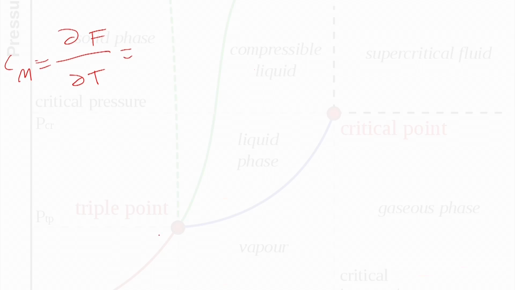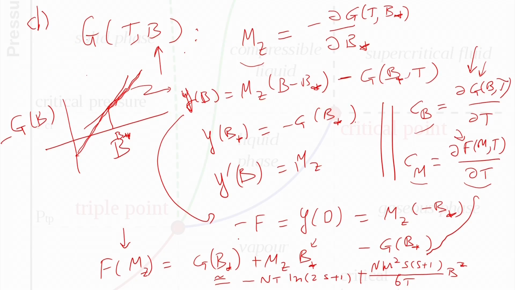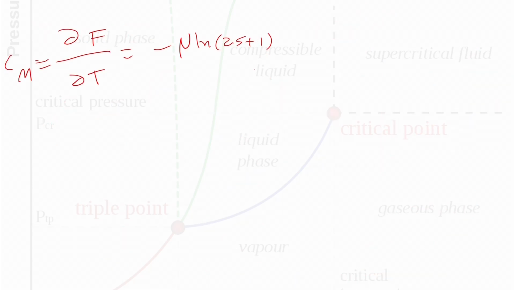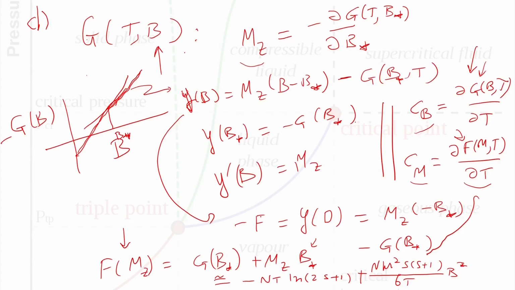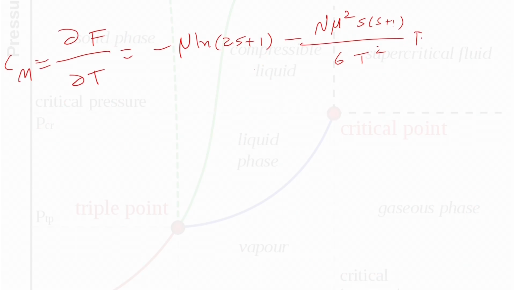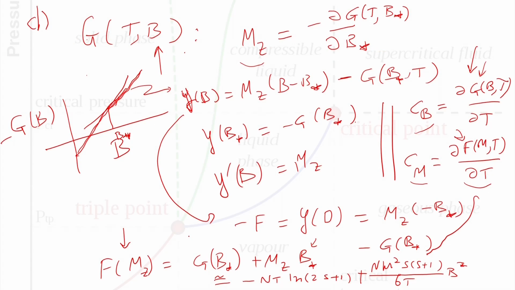So that's going to look like minus n ln 2s plus 1, then it's going to be minus 1/6 minus n mu squared s into s plus 1 over 6t squared b squared.